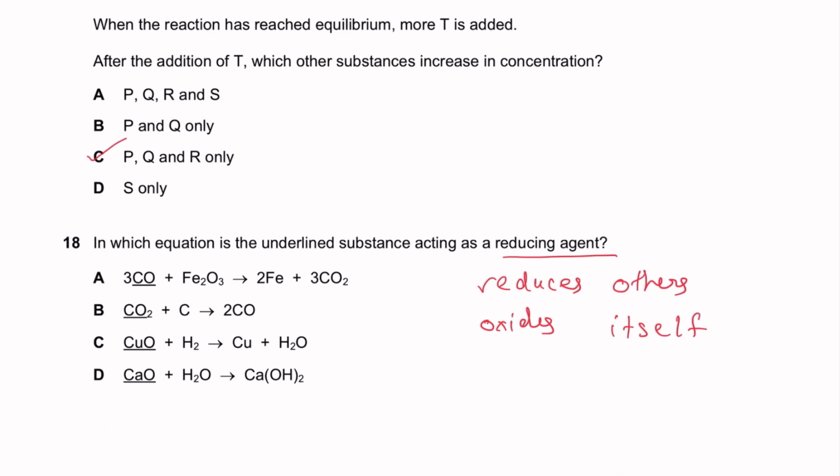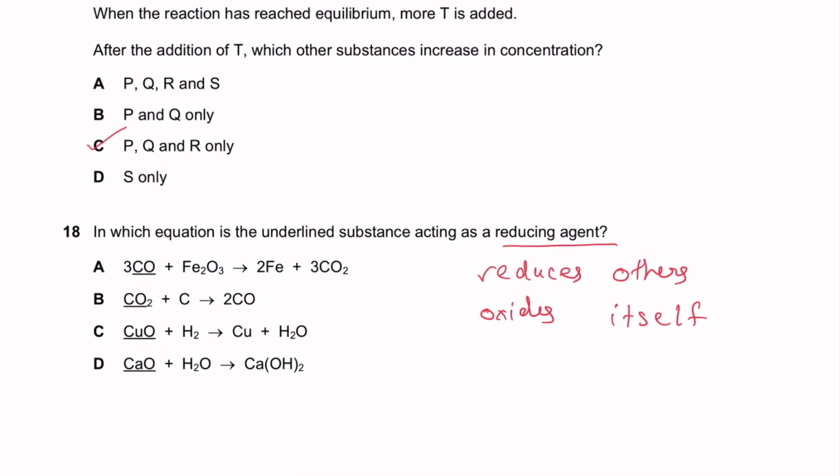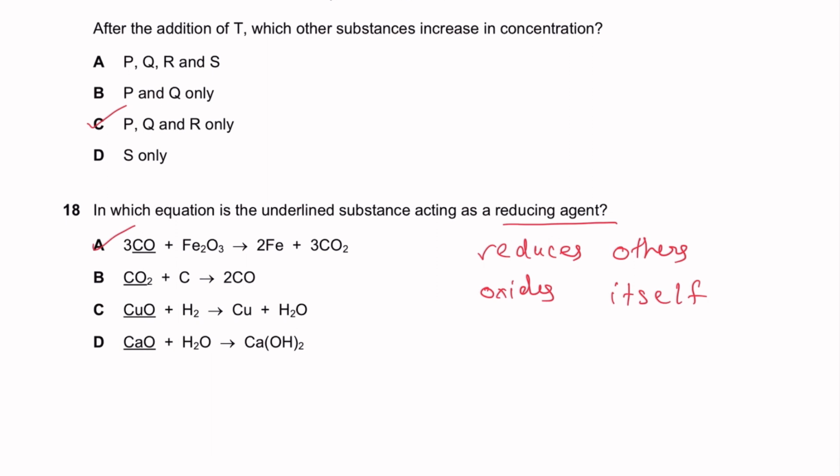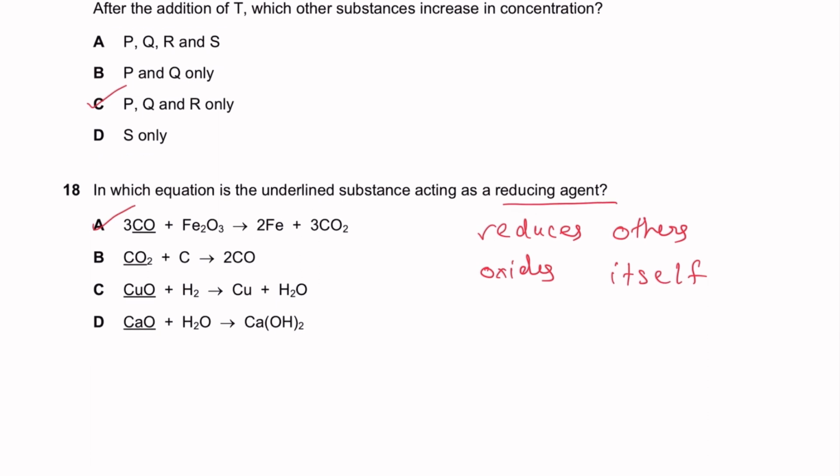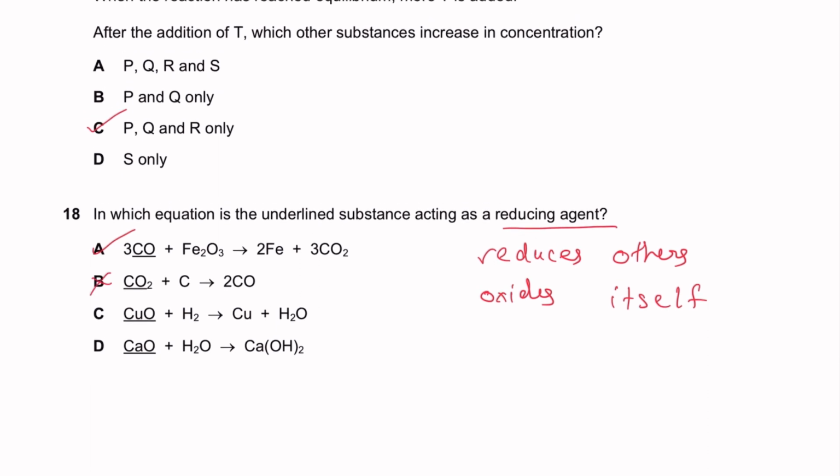So in A, carbon monoxide oxidizes itself and reduces iron oxide. So it's correct. In B, carbon dioxide does not oxidize anyone, so it's wrong. In C, carbon dioxide is reduced, so it's wrong. And D is also wrong, so the correct answer is A.